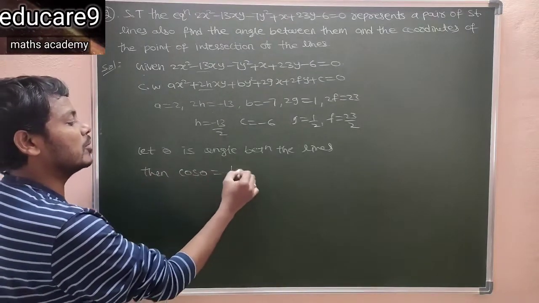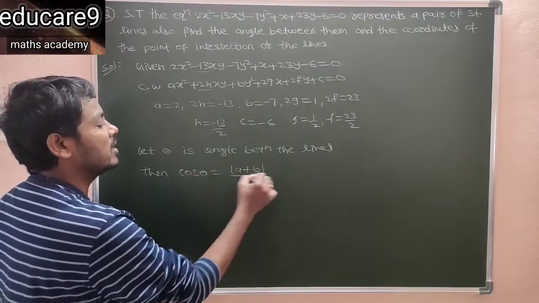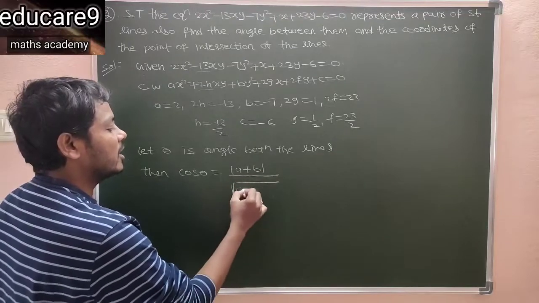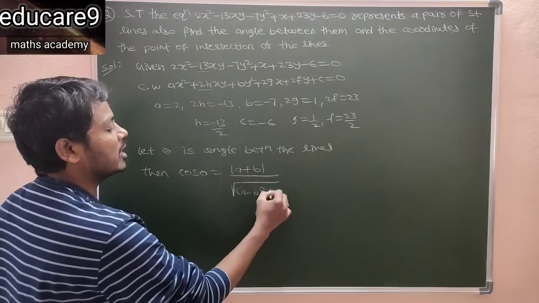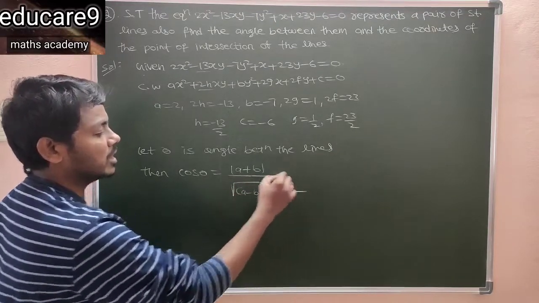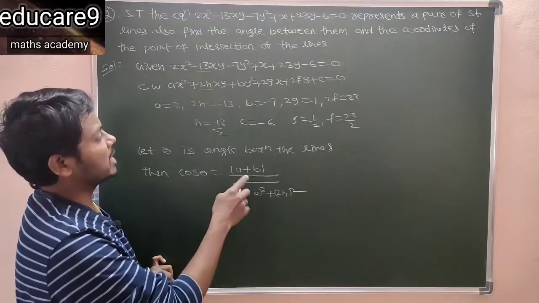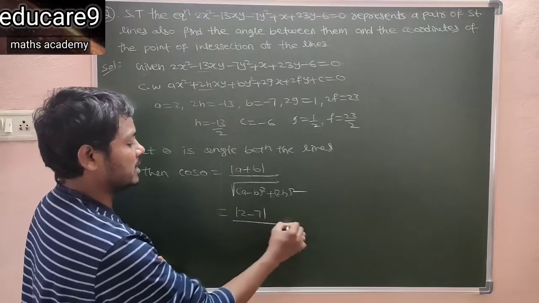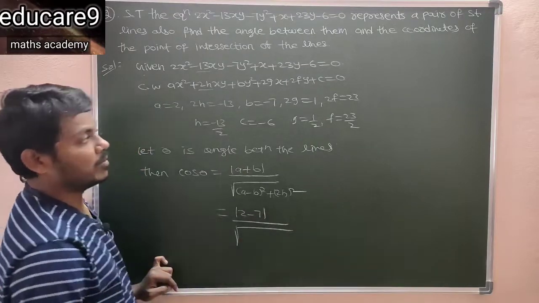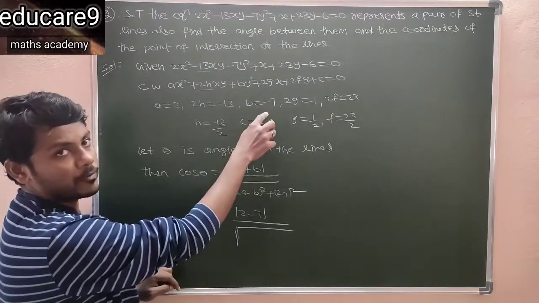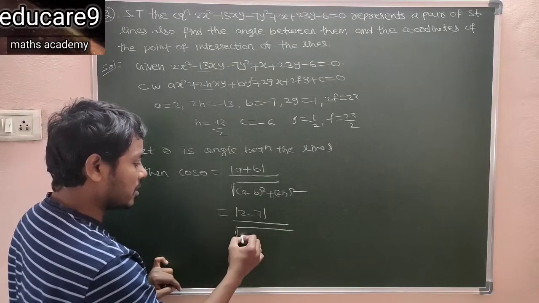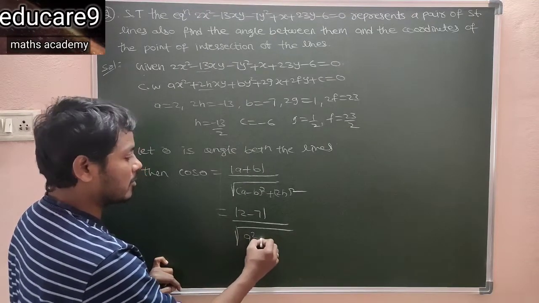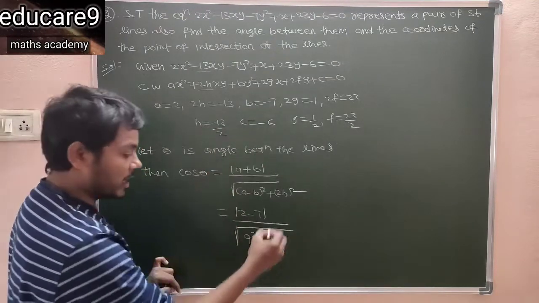Cos theta is equal to modulus of a plus b by square root of a minus b whole square plus 2h whole square. So find a plus b, 2 minus 7. Modulus of 2 minus 7 divided by a minus b, 2 minus of minus 7, 2 plus 7. That is 9 square plus 2h minus 13 whole square.